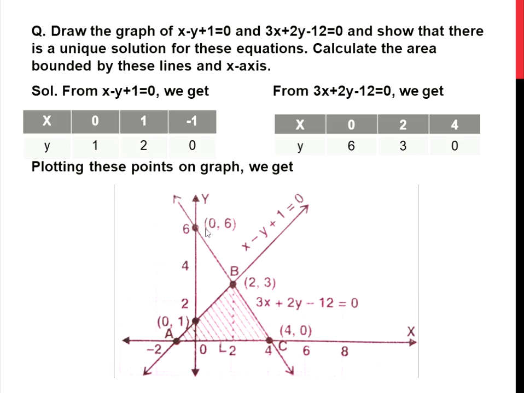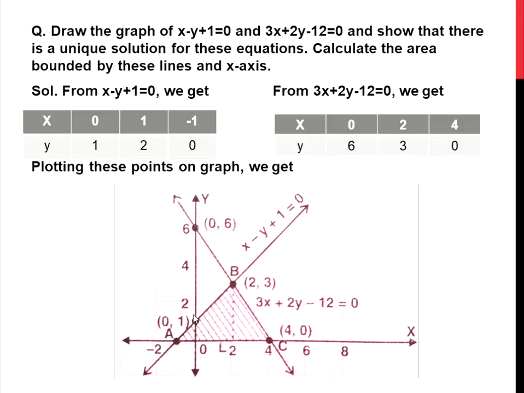In this graph, this line represents the first line, x minus y plus 1 equal to 0, and this line represents the second line, that is 3x plus 2y minus 12 equal to 0.